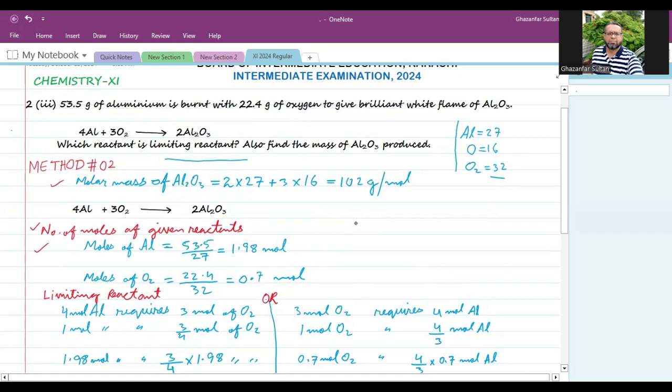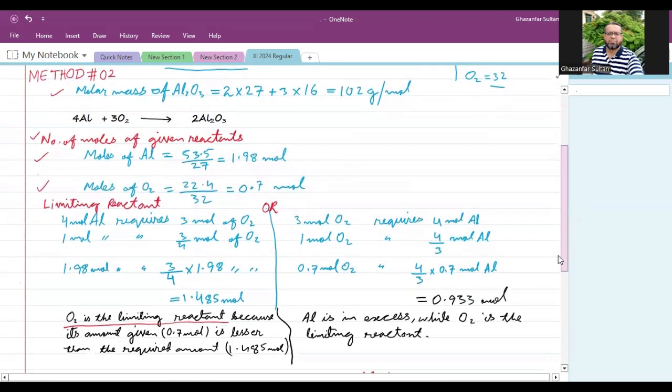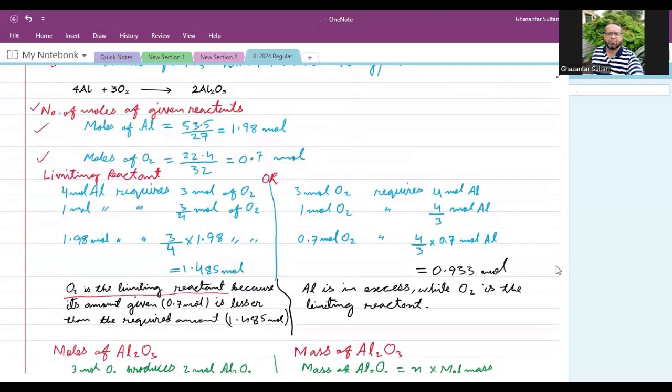There is no change, but the change is here. Instead of finding the limiting reactant, they directly calculate the number of moles of the product from the given amount of both of the reactants. So we will remove this step here.